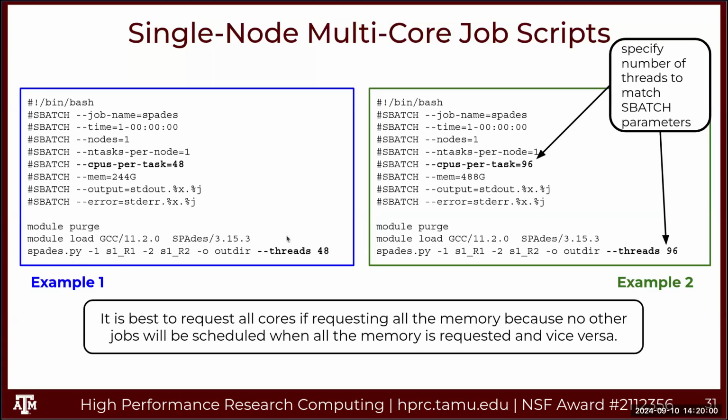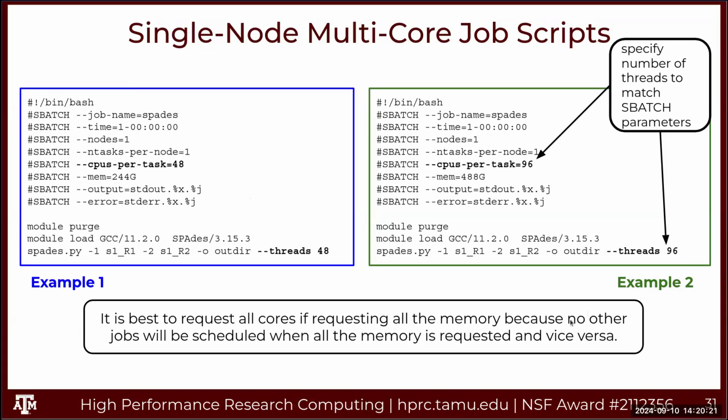For example, threads 48. This is what you specified up here. If you specify CPUs per task 1 and threads 96, you're going to most likely overload the compute node, and your job's going to take even longer, and also the other jobs that are running on that node will take even longer. So make sure you match these values.